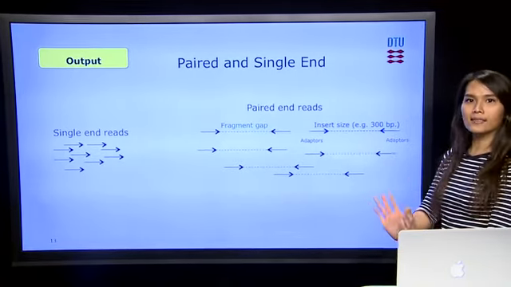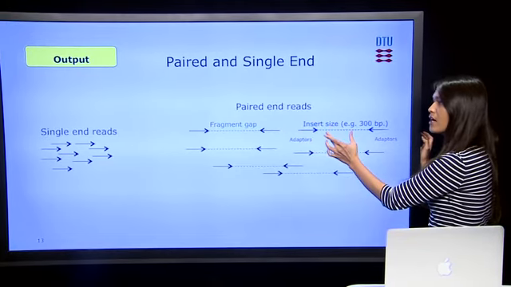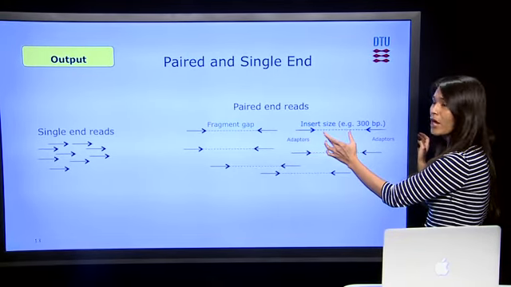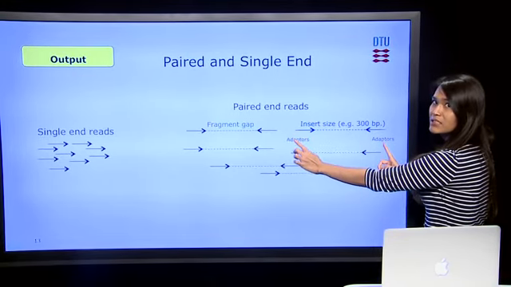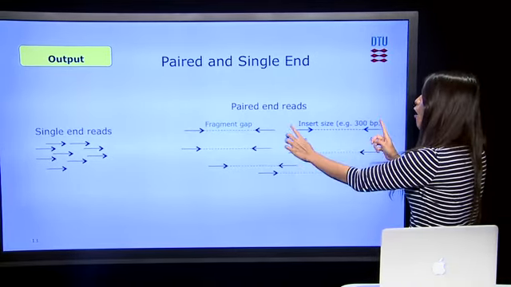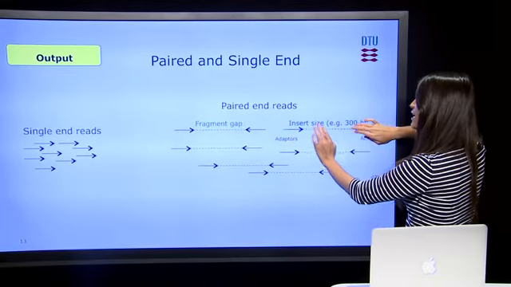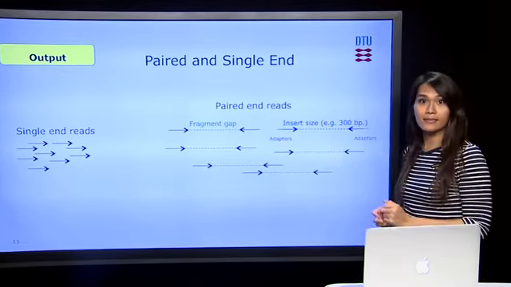Insert size is the size of the reads together with the fragment gap, not including the adapters. So again, insert size means the whole fragment, not the adapters. So the reads and the fragment gap, that's the insert size.